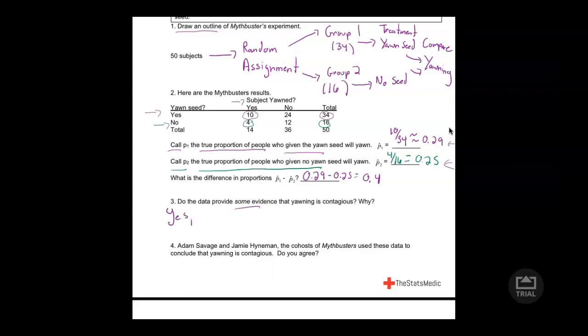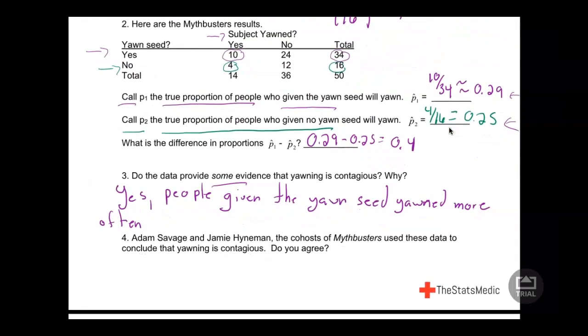People given the yawn seed yawned more often than people not given the yawn seed.